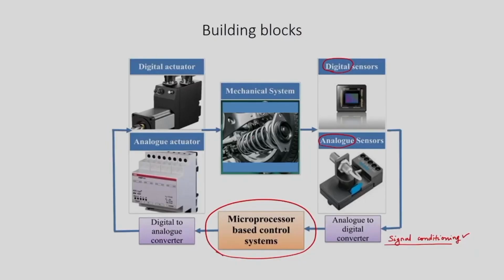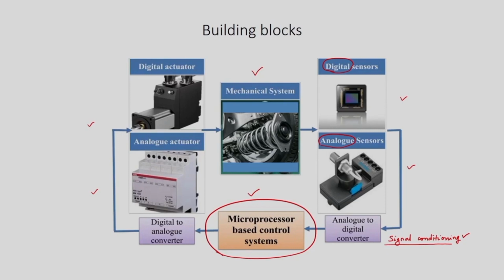So, this is a typical arrangement in which we have a basic mechanical system, and this is being controlled by a microprocessor based control system, and it has the important blocks: the measurement system and the actuation system.